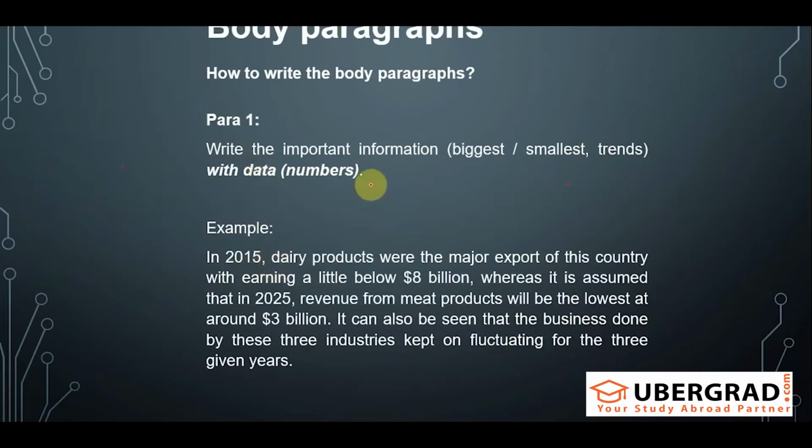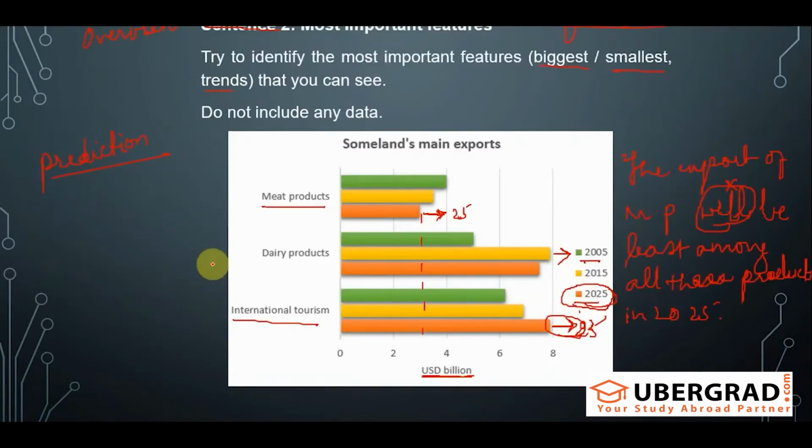So now the body paras. In the body para, what will you write? So there are two ways of doing it. Okay, see. Identify the trend, similarity in trend. One way of writing the body paras is by identifying the similarity in trend.